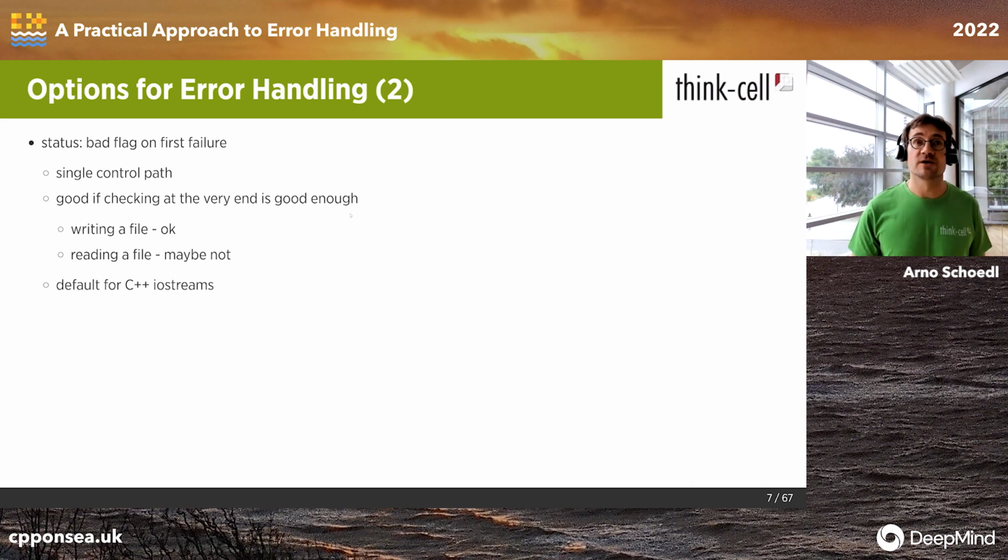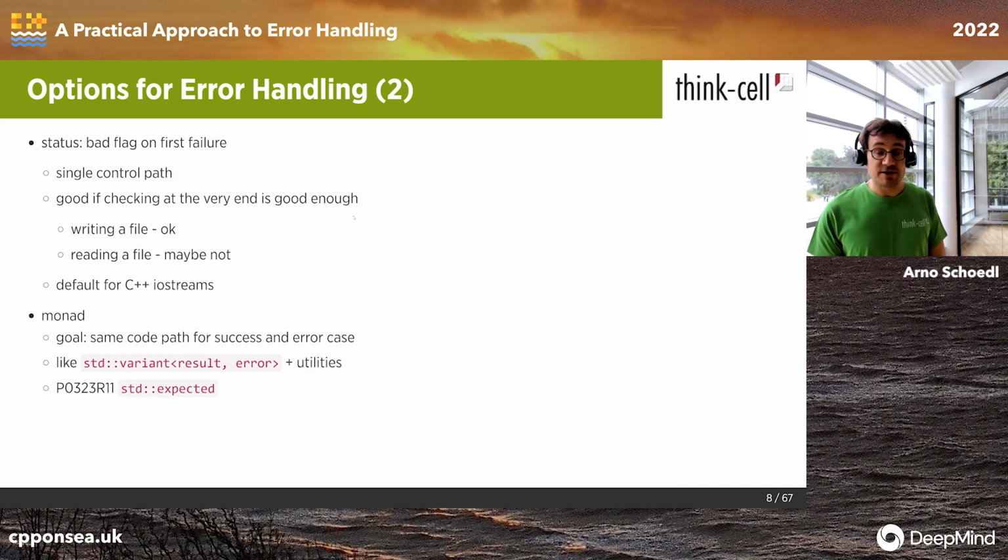It's also used, for example, when you issue calls to a graphics card. There you're often batching all the calls together and pushing it to the graphics card. And once the whole frame is done, you can ask, did all the writing go well? And if it didn't, then you reset the graphics card or something like that. So there it's also quite common, this approach.